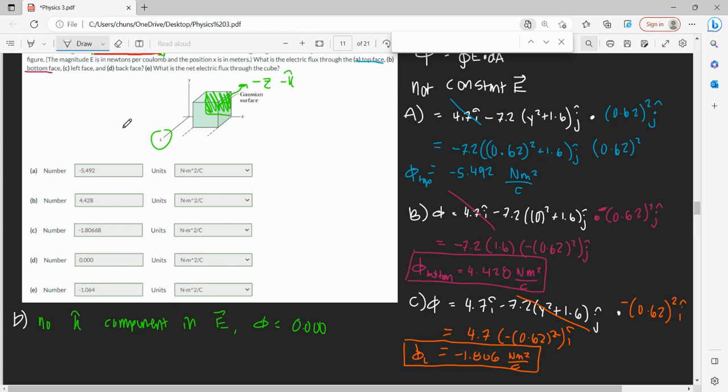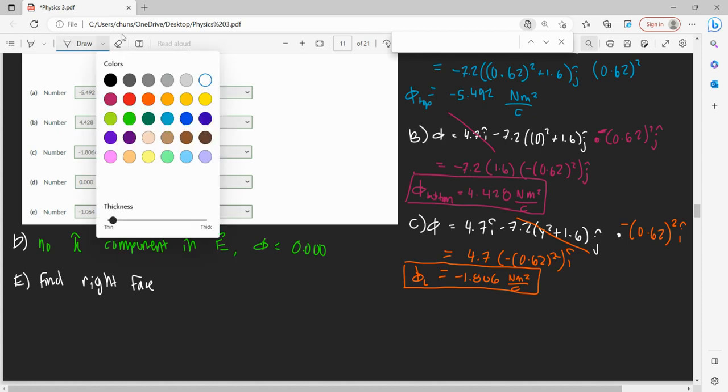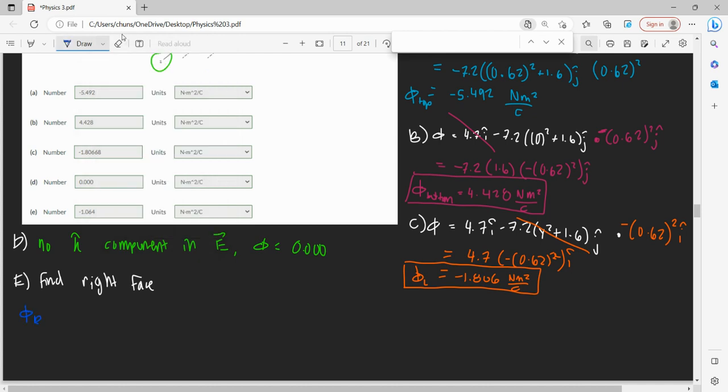So we just need to find our last one with our right face. Right face will just be our left face, but with a changed sign. So that is going to be positive 1.806.